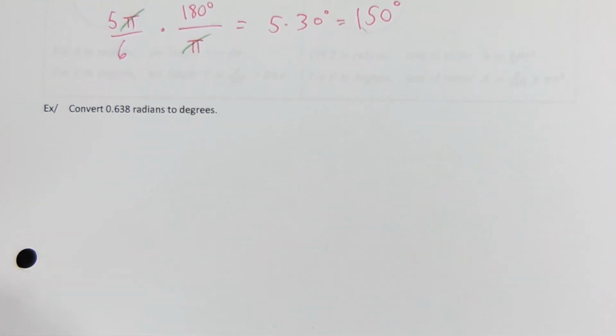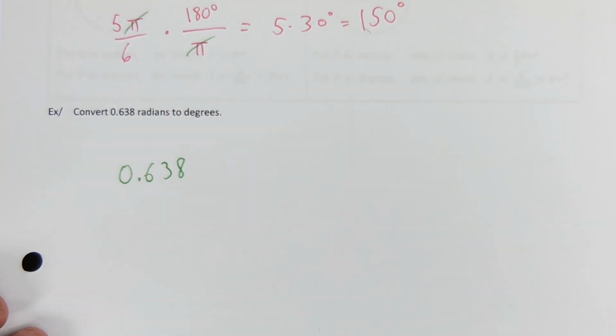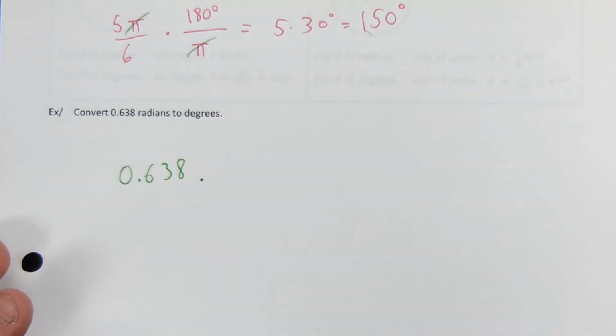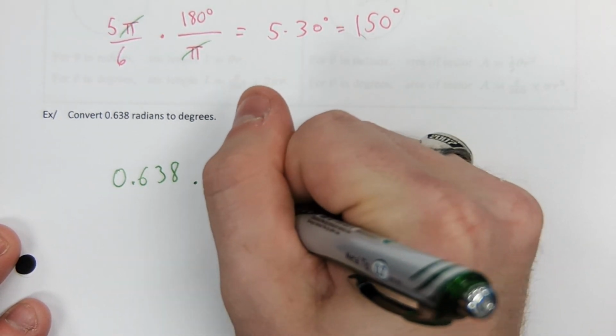And last but definitely not least, it says convert 0.638 radians to degrees. 0.638, I don't need to write radians, it's assumed, but if I'm trying to get it in degrees, that means I need 180 degrees over pi.